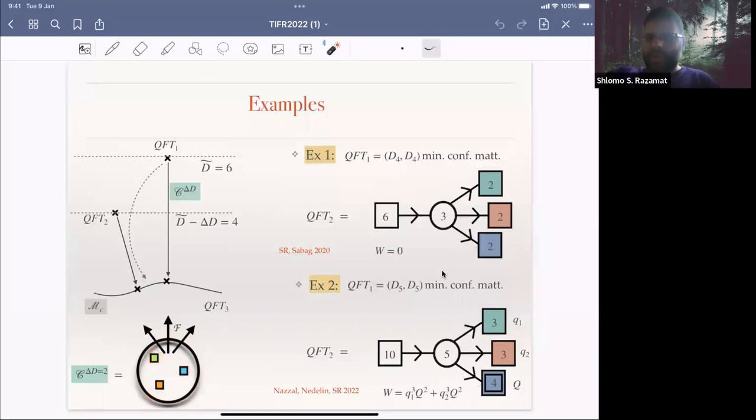Punctures are holes on the Riemann surface, and you need to specify certain boundary conditions at those holes. There are a variety of choices, and these choices are denoted by different colors. So these punctures here are not the same types of punctures. You specify different boundary conditions at them.